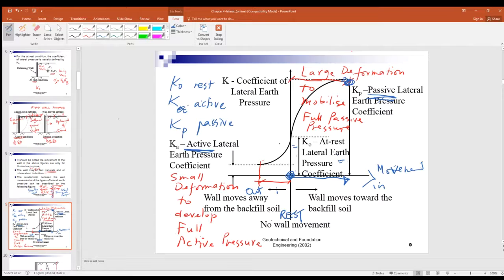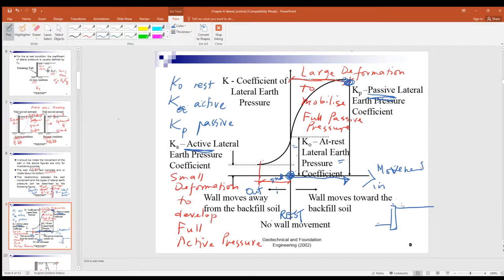And on the other hand, on the left-hand side, this movement is very small. So you need a very small deformation that will give you a full active pressure. In other words, if the wall here and here, right?